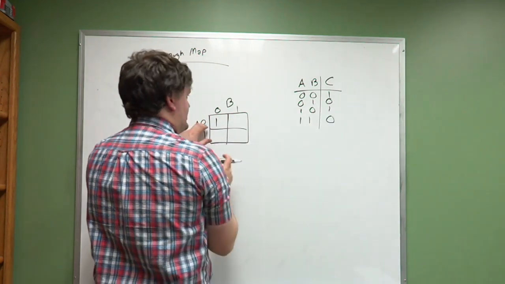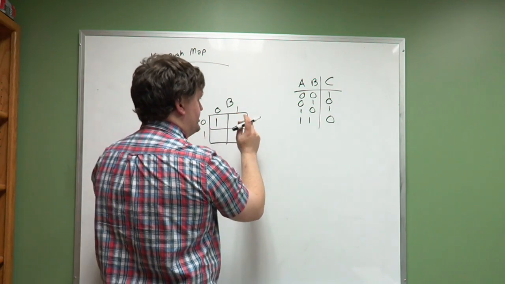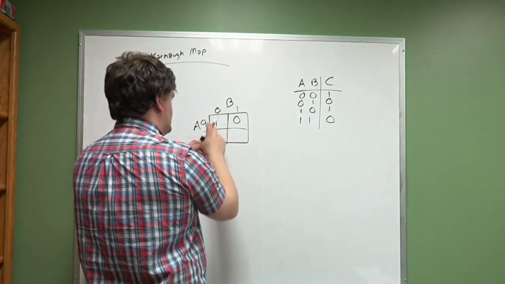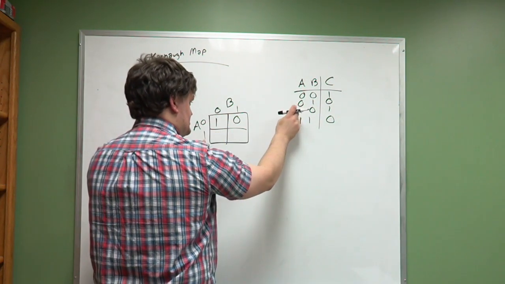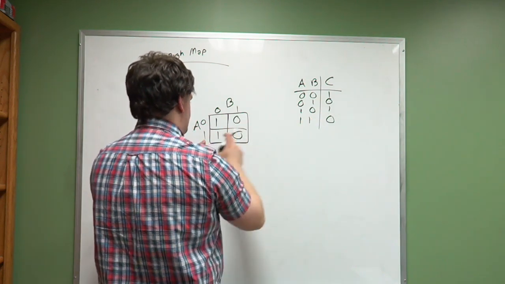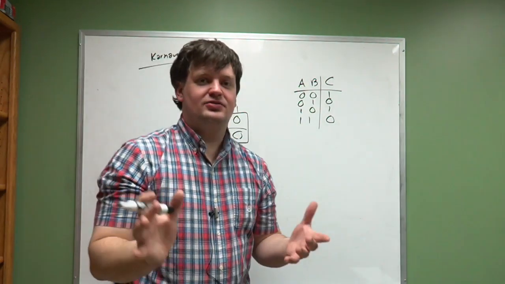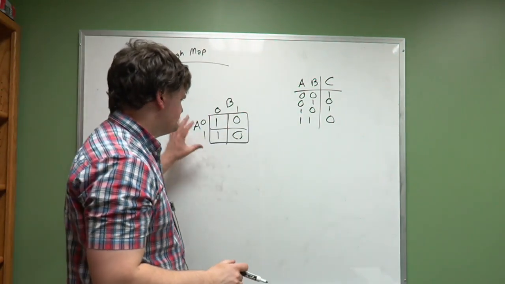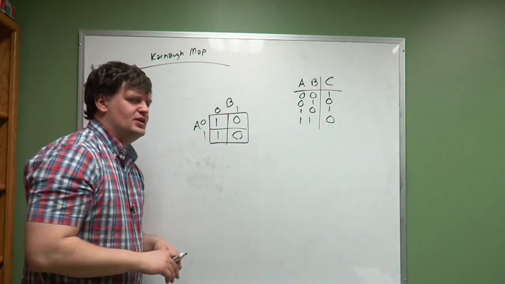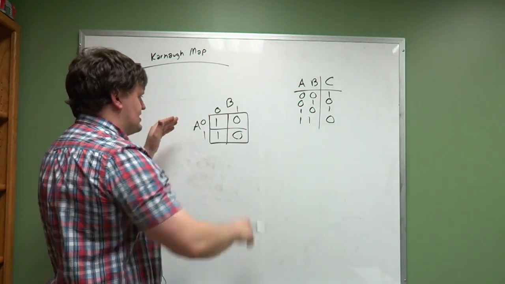This right here represents 0, 1. So AB is 0, 1. And that represents 0. This one represents 1, 0. This line right here, that's a 1. And this one represents 1, 1. Okay? So it's just combining what we have in the table, putting it all together, and now we're showing it in a different way. So this is A, this is B. A, B together creates this configuration.